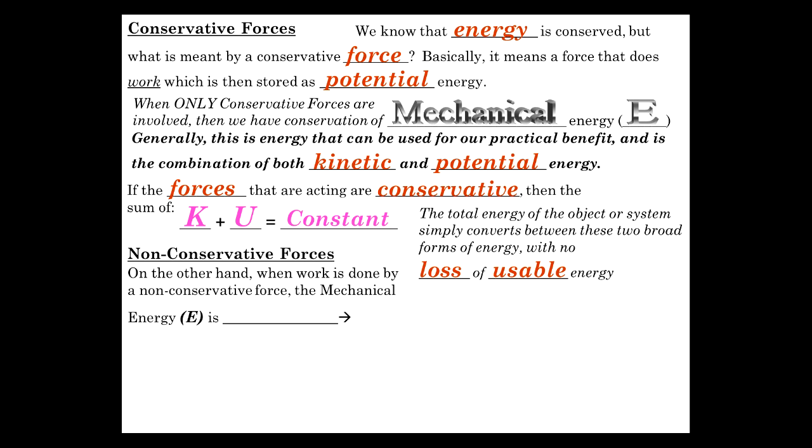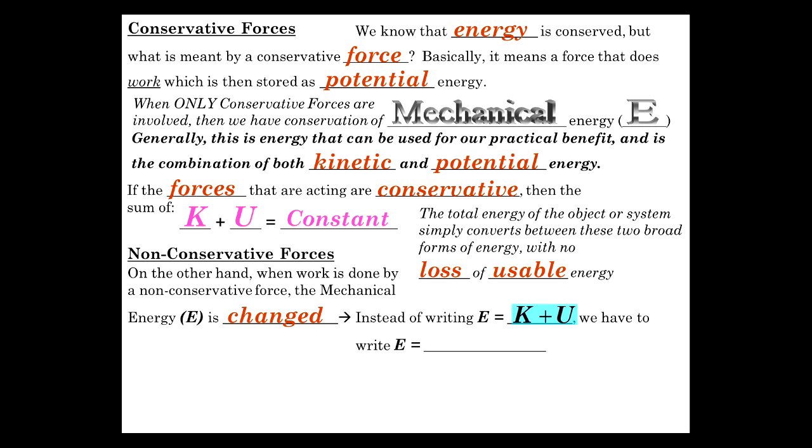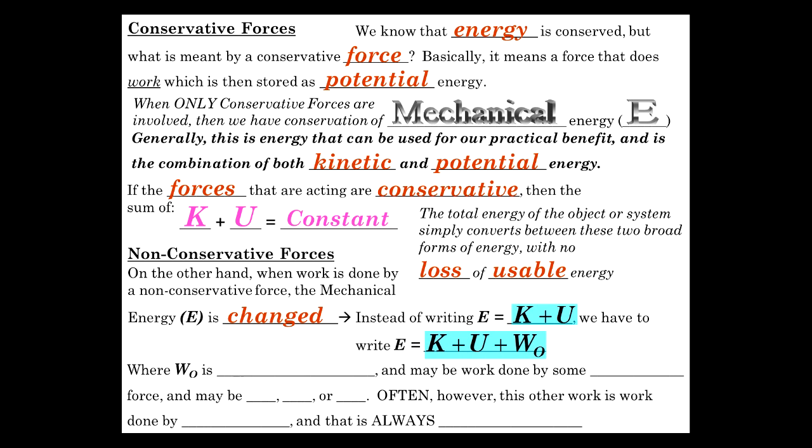All right, so the idea of non-conservative forces. If a force is non-conservative, then the mechanical energy, the kinetic and potential, changes. So instead of writing that the mechanical energy is K plus U, we have to add another term. What we're adding here is this W_O, which means work other.